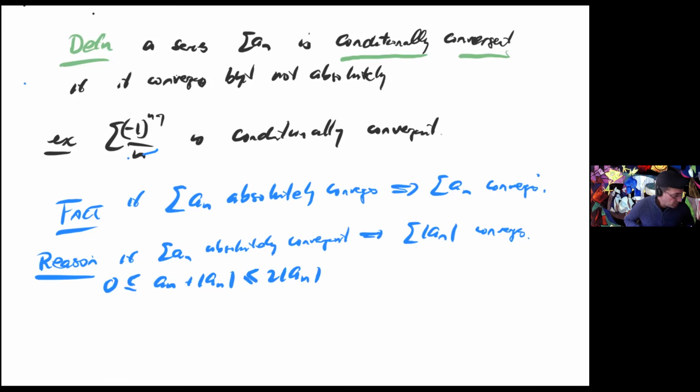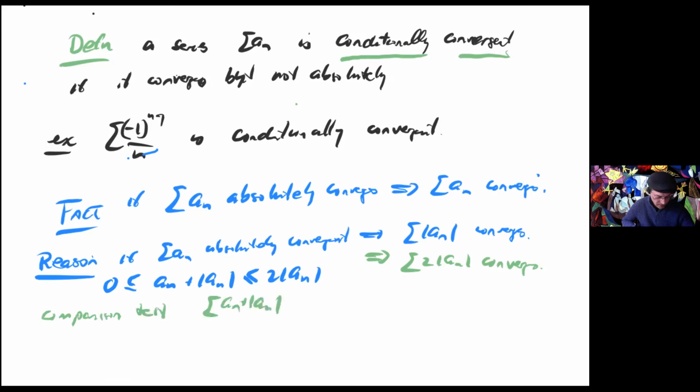And moreover, since the series of absolute values converges, that will imply that twice the series converges by one of the properties of series I mentioned. And therefore, by the comparison test, the series a sub n plus its absolute value converges.